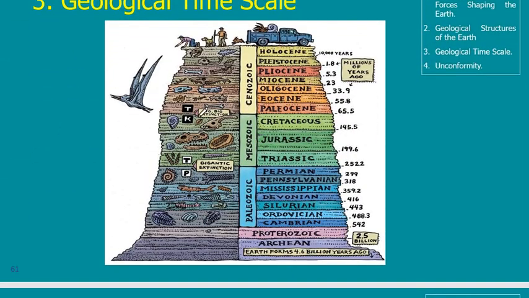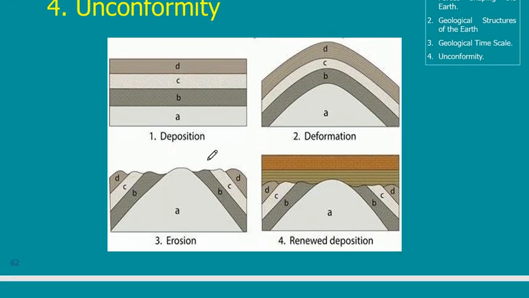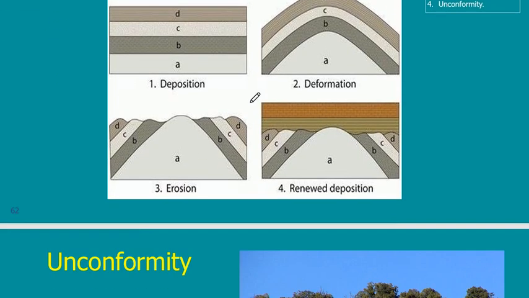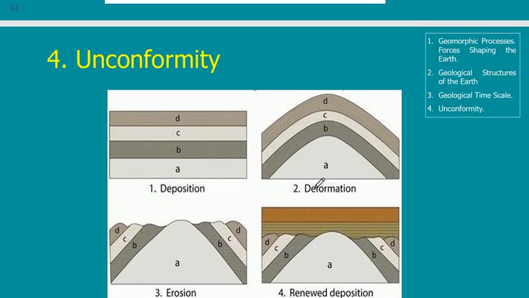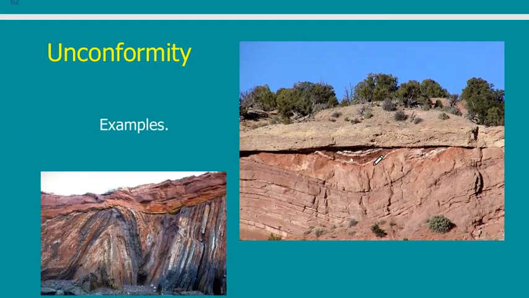Again, the geologic time scale, we said what is the geologic time scale. Again, what is unconformity, but in terms of drawing, we said this. I was looking for this photo to show you. This is exactly what I wanted to show you in unconformity. These are all inclined layers.